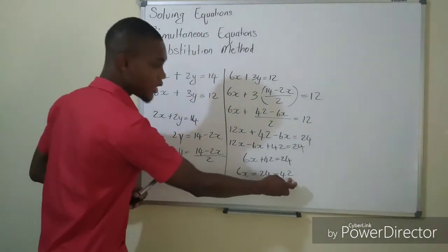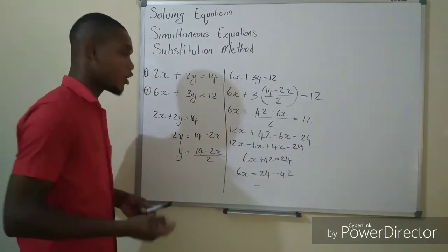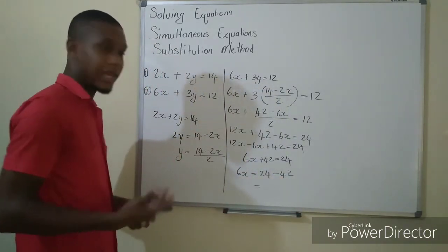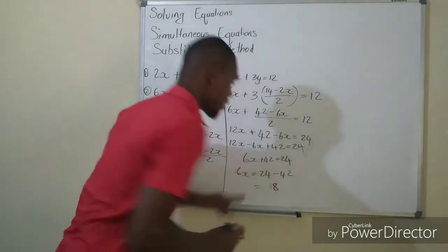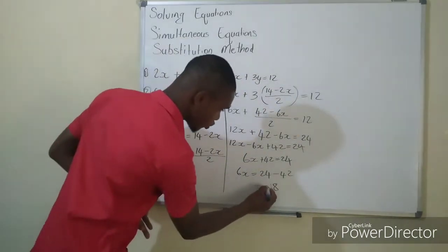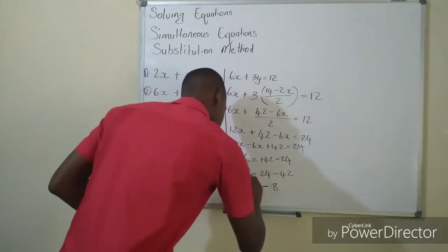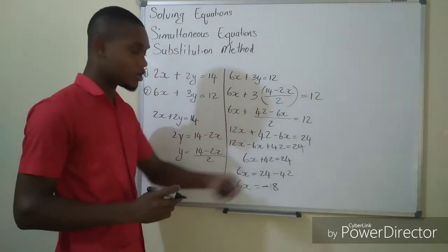You'll just simply subtract the smaller number from the larger number. So it's 42 minus 24, and that gives you 18. But because the original one had the smaller number at the front, you put the negative sign there. So the answer is negative 18, and you put your 6x right there. So 6x equals negative 18.